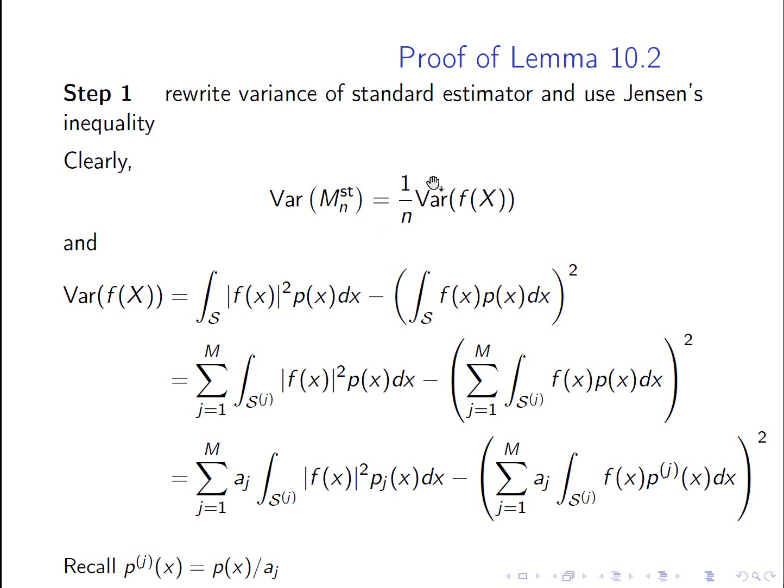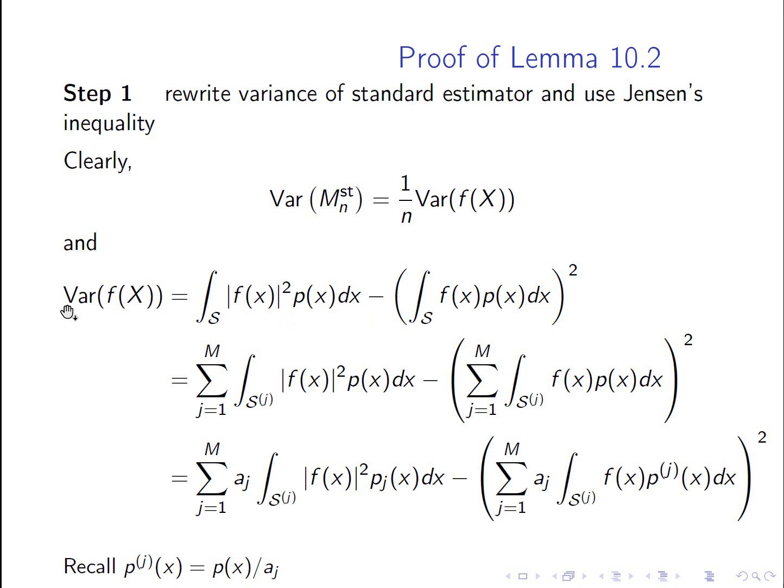Let's now look at the variance of f of x in a bit more detail. We have a density, so we can write the variance in this way: the integral over S of f of x squared p(x) minus the square of this integral, and this integral is just the expectation of f of x.